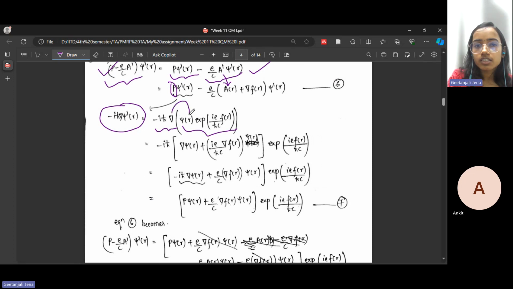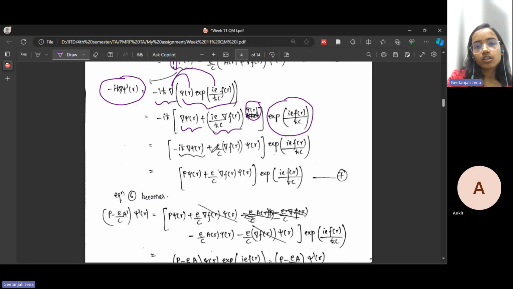It will first act on psi of r by keeping the exponential factor as a constant, and then it will act on the exponential factor by keeping psi of r as a constant. This is what I have written here. If delta acts on the exponential factor, then you will get a constant term here, which is i e delta f(r) by h cut c times psi of r.